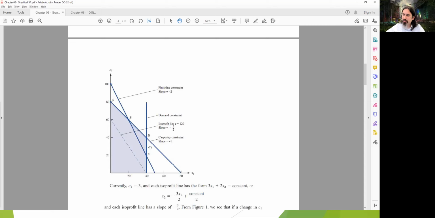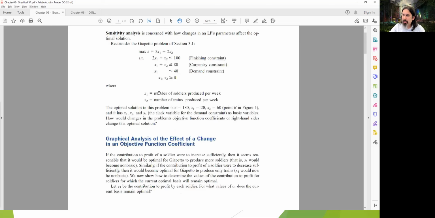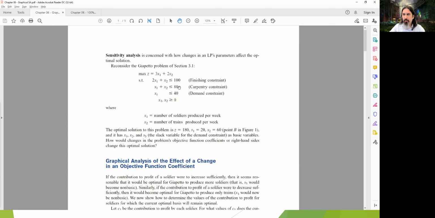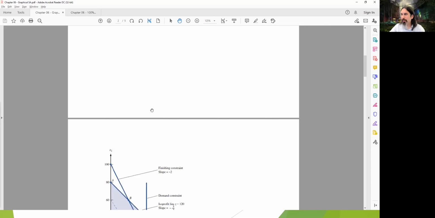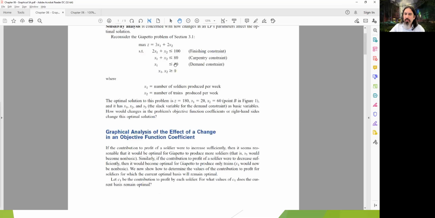For the demand constraint, it says that x1 is less than 40. This is the easiest constraint I can check, because I can increase 40 or decrease 40, and it will affect x1 only, just one value.